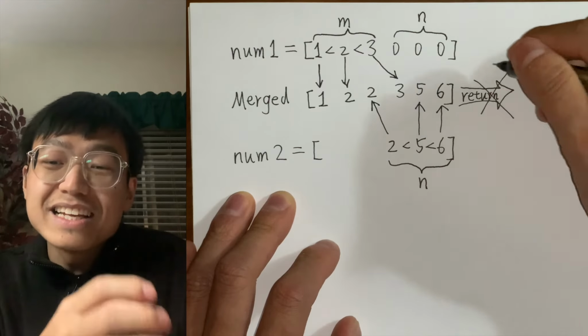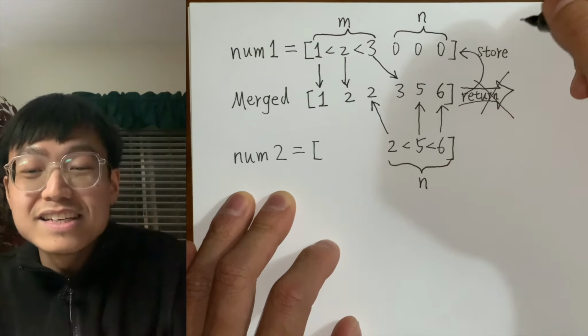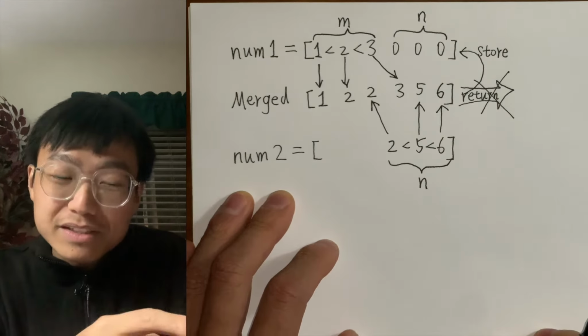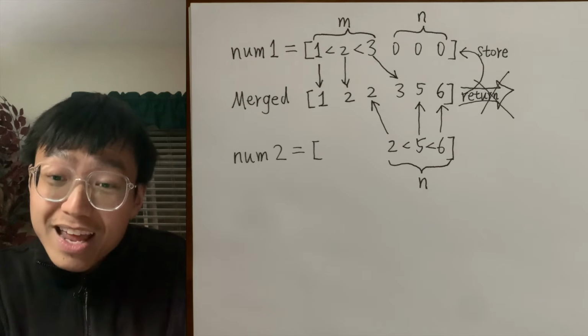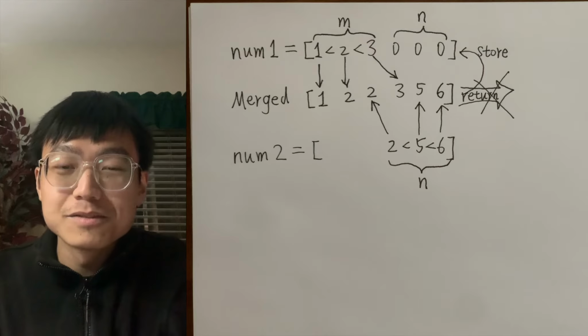So elements in nums2 replace these 0 elements. Look, these 3 elements come from nums1, and these 3 elements come from nums2.